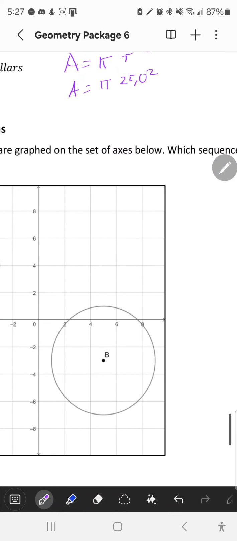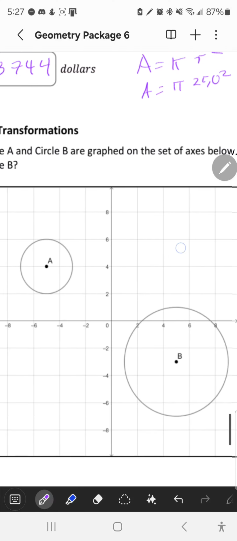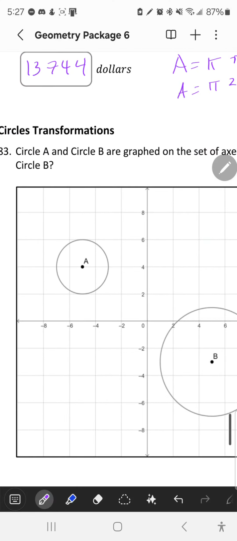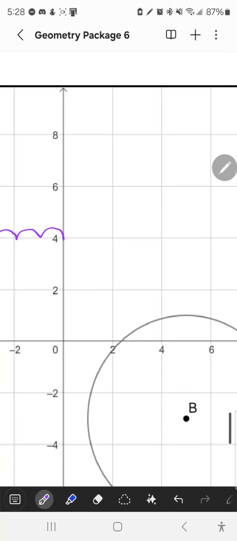Now circle A is graphed. Which sequence of transformations maps circle A onto circle B? Okay, so let me see. This is 5, then 4, 3, 2, 1, 0, and then 1, 2, 3, 4, and 5.